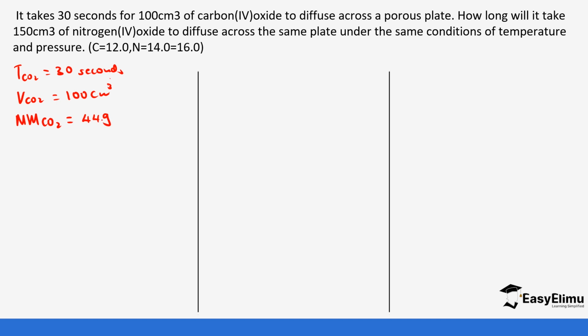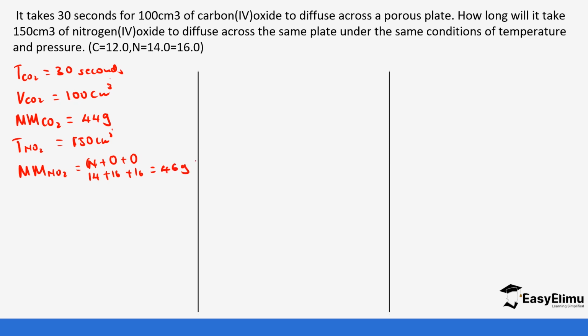And then how long will it take 150 centimeters cubed of nitrogen dioxide? So the volume of NO2 is 150 centimeters cubed. And then we also can get the molecular mass of nitrogen dioxide, which is nitrogen plus oxygen: 14 plus 16 plus 16, which will give us a total of 46 grams.